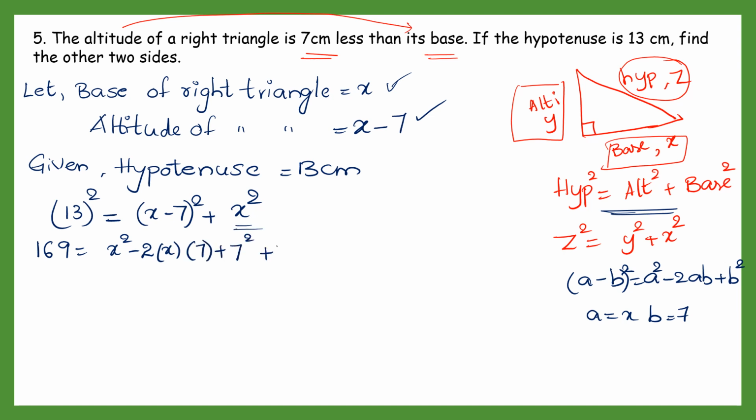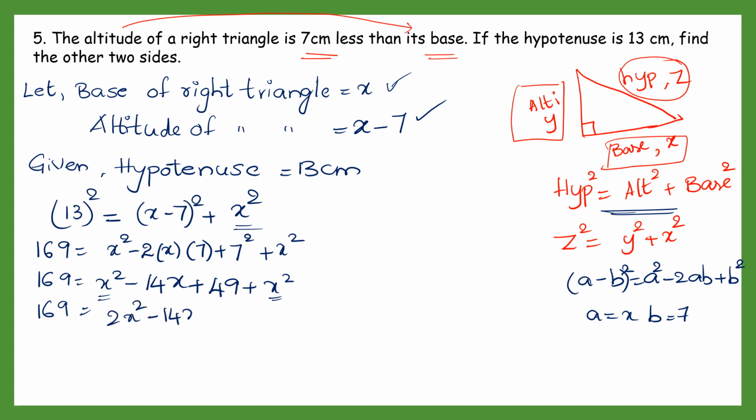This plus x square. So you get 169 is equal to x square, 2 sevens are 14, minus 14x, 7 square is 49, plus x square. So 169 is equal to 2x square minus 14x plus 49.